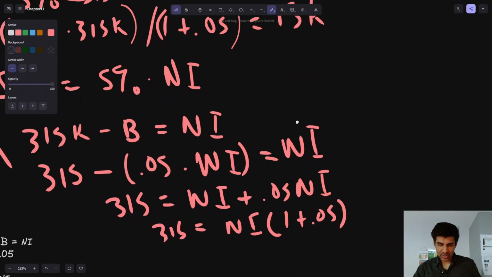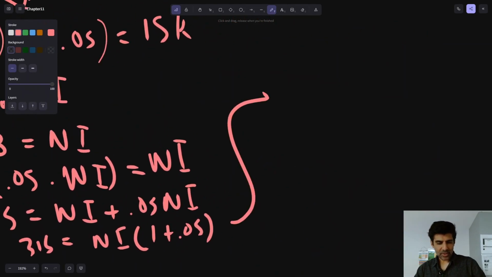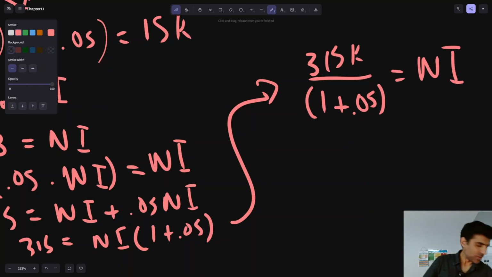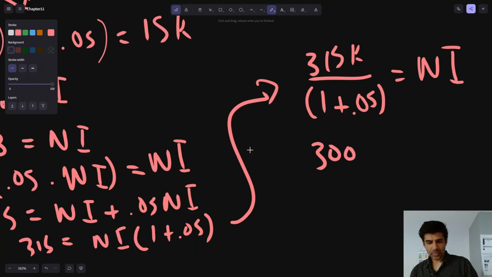Then I can take this and do 315K divided by 1 plus 0.05 equals net income. So what is this equal to? Let's see. 300K equals net income.